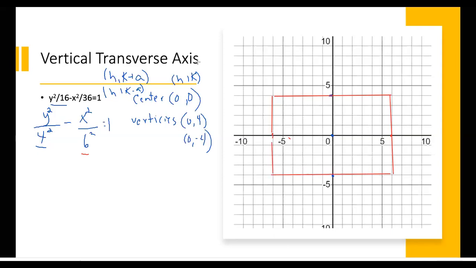And now to draw our asymptotes, we're going to draw from the center through the corners. Okay, and I'm just starting here for each of these. These are going to be our asymptotes.